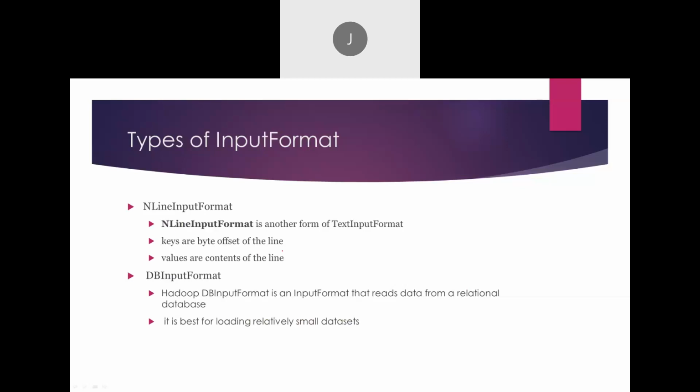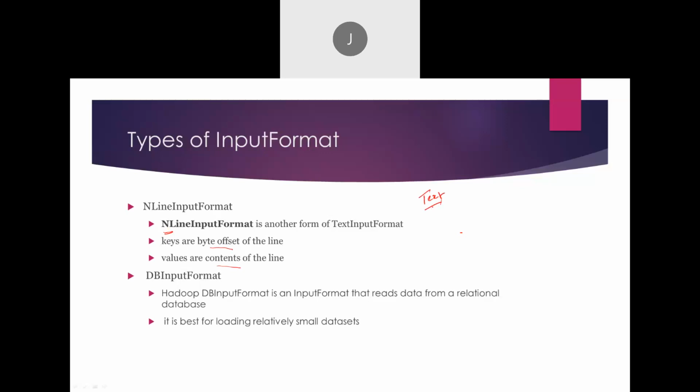So this is the line input format. In the line input format, as told, the keys will be the byte offset, and the values will be the content of the line itself. And you can specify how many lines you can give. I told you last class itself, I will find out how we give in the code which input format we have to use.